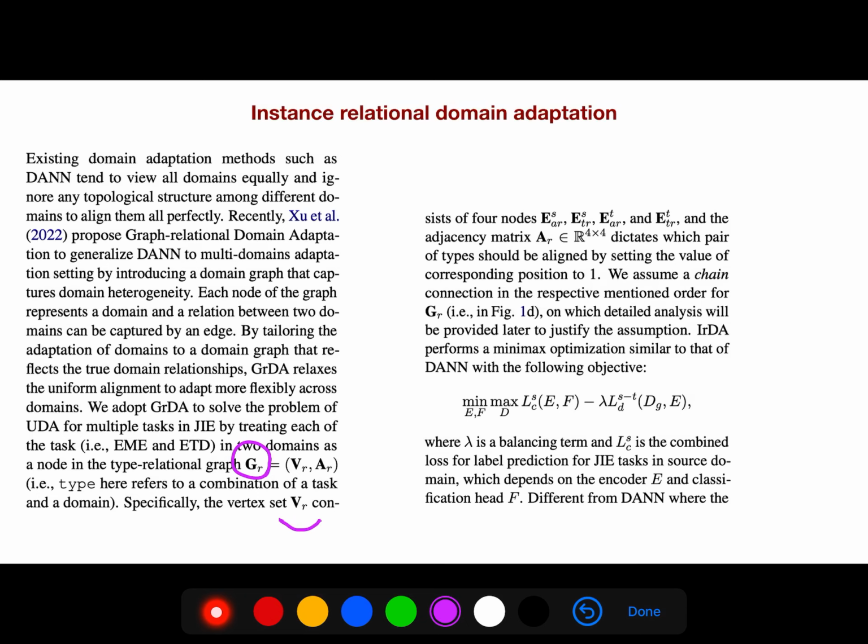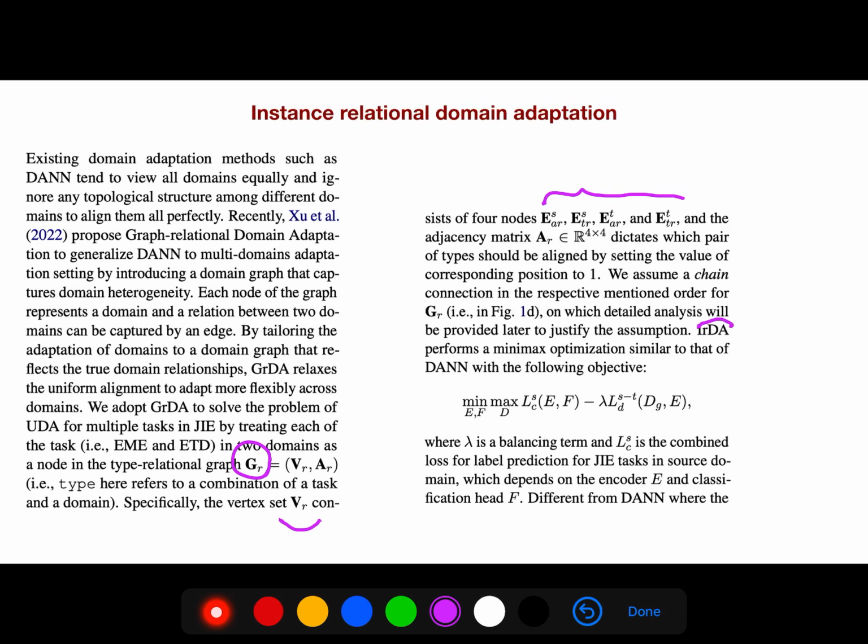The vertex set V sub R consists of 4 nodes. And the adjacency matrix dictates which pair of types should be aligned by setting the value of the corresponding position to 1. We assume a chain connection in the respective mention order for G sub R.